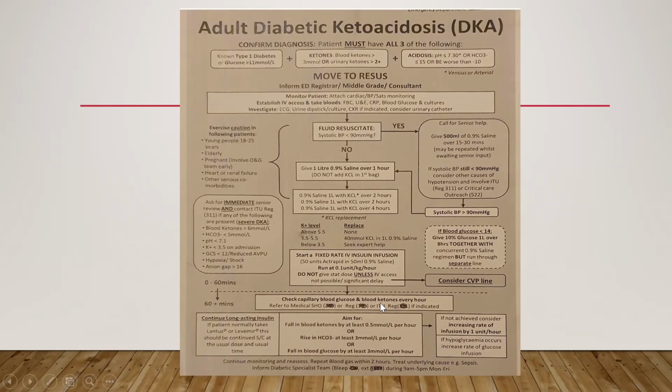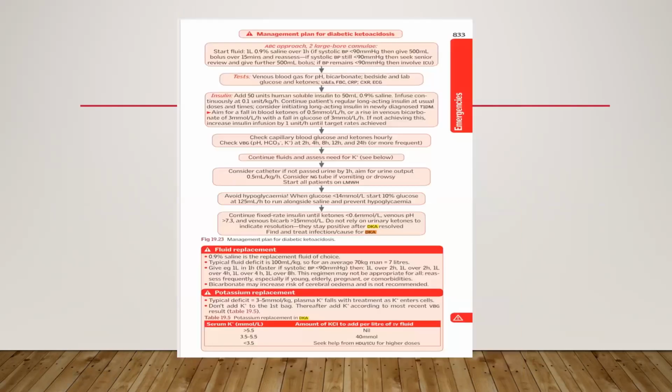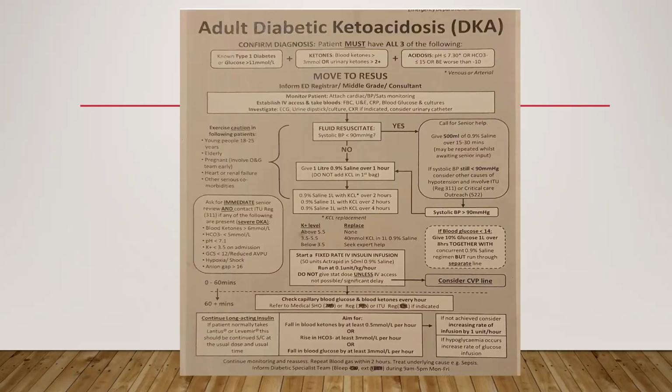So I guess I should show you the differences. You may find different hospitals with different things from the one I showed you earlier. And this is actually what I used to use in my country, and I found it as well in the Oxford Clinical Medicine book. So the differences are in terms of the type of infusion.